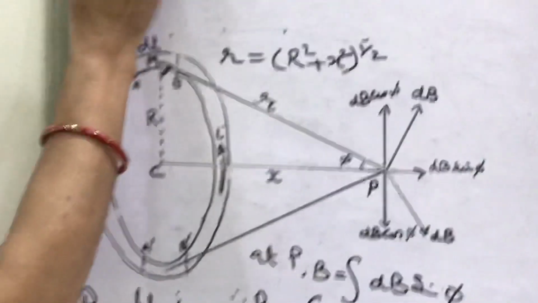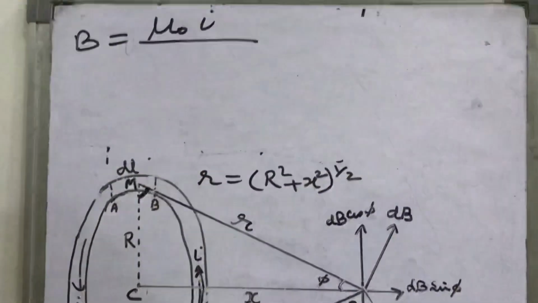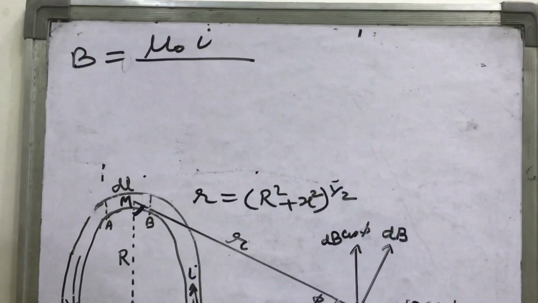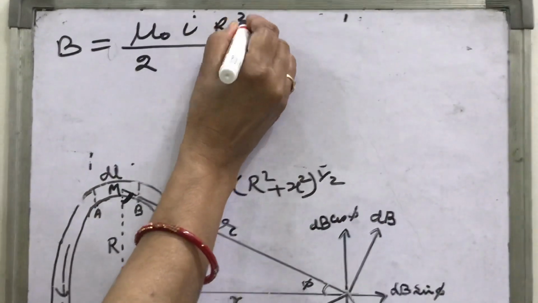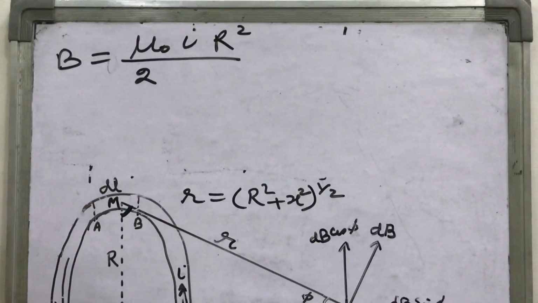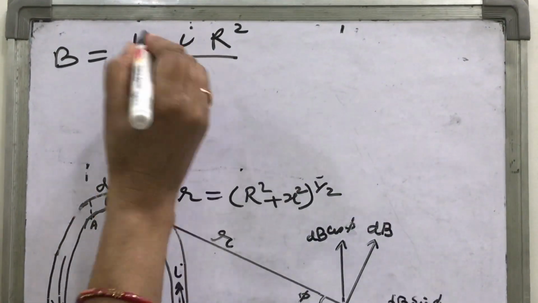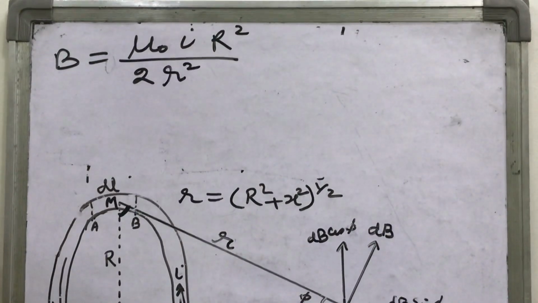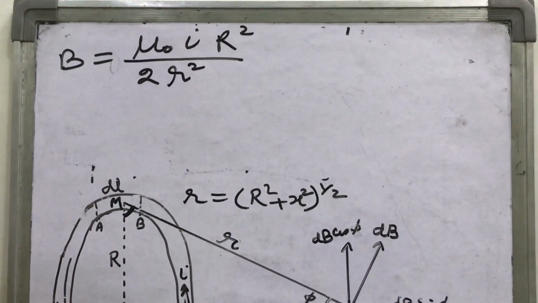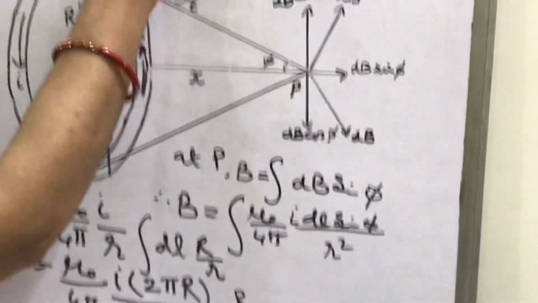This net expression for B, you will get mu naught I upon this 2 pi, and 4 pi will give you 2 here, and this r into r, r square here. So this 2 pi r upon R, this was R square, sorry, so this will become R cube.